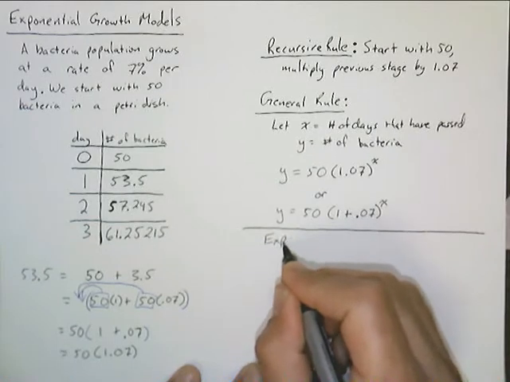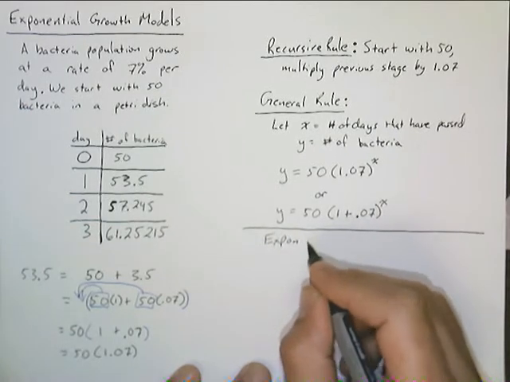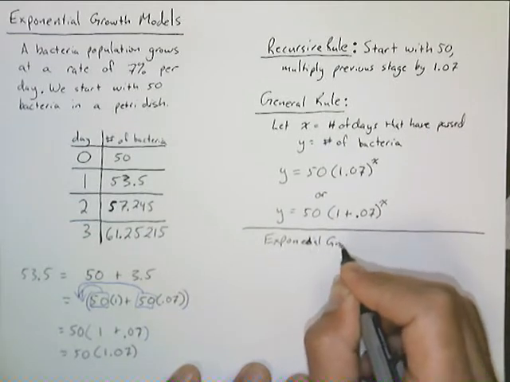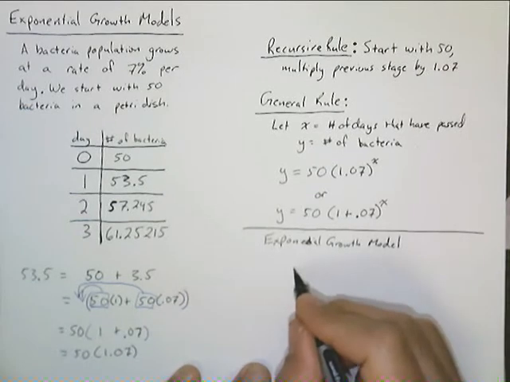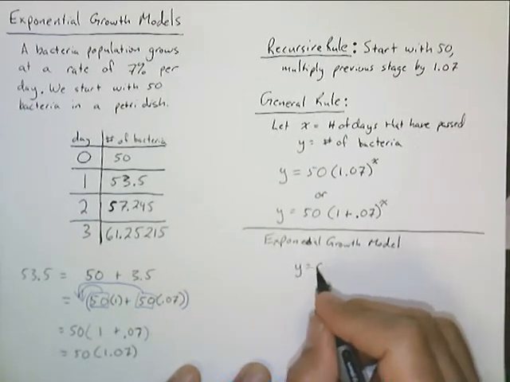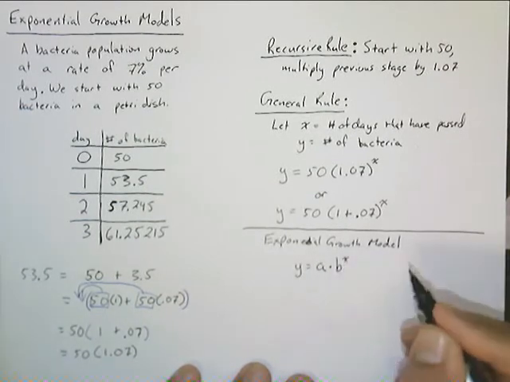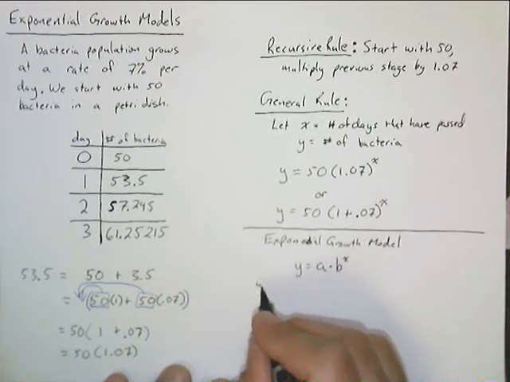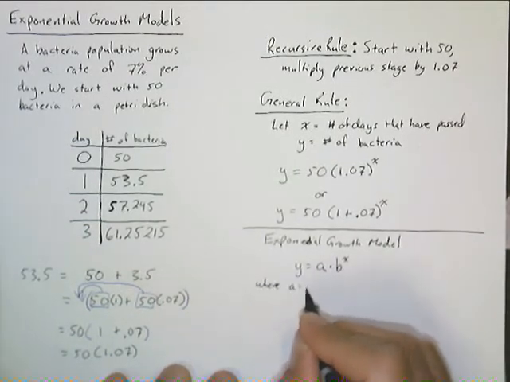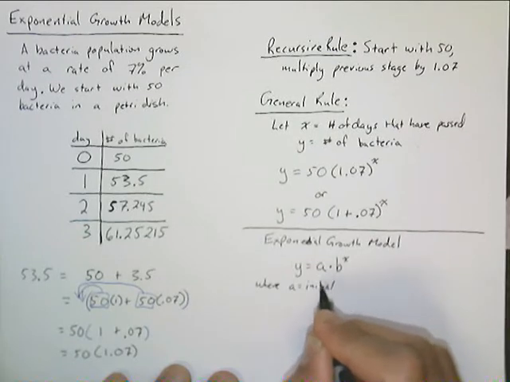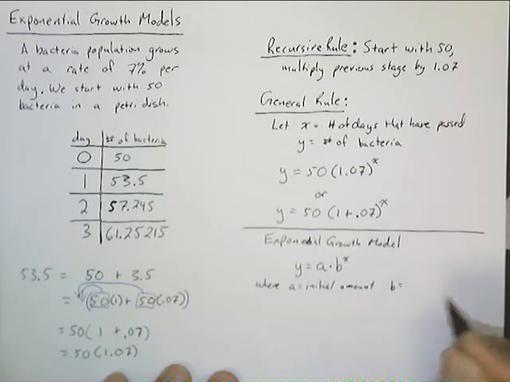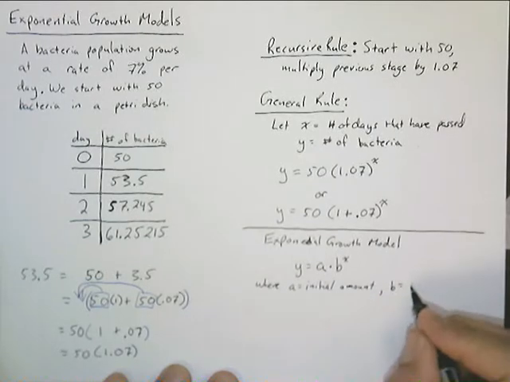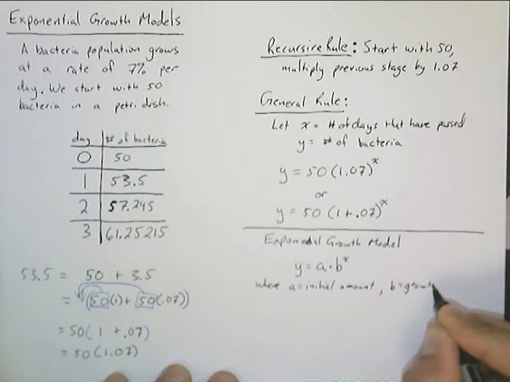So the general exponential growth model, well, it just looks like this. y is equal to a times b to the power of x, where a is the initial amount and b is what we call the growth factor.